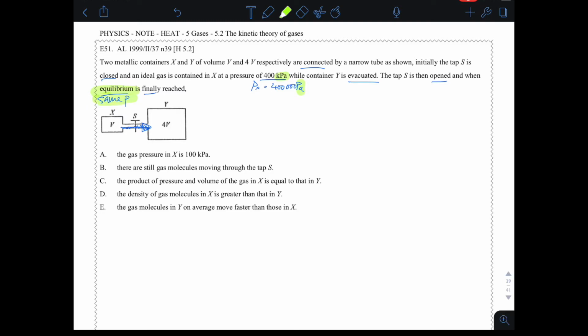As long as they have the same pressure for both containers, then this is the meaning of equilibrium. Okay, then this is our idea. Now what we want is, firstly, the gas pressure at X is 100 kPa. That means we want to find out the final pressure of the whole stuff. So firstly we will stick to our basics. We look at the initial situation first before opening.